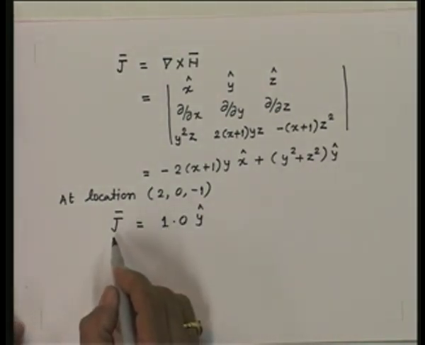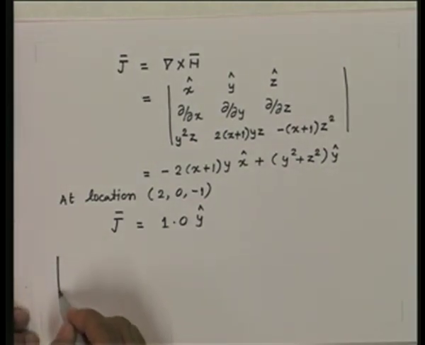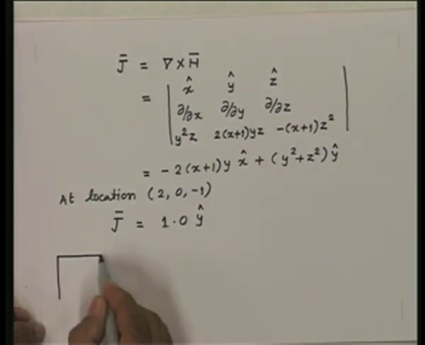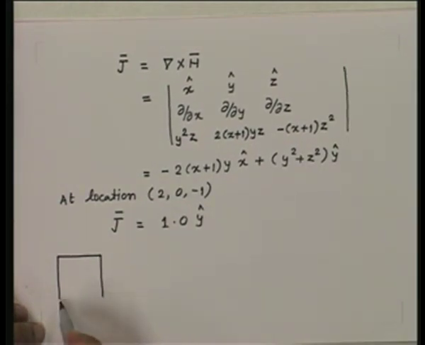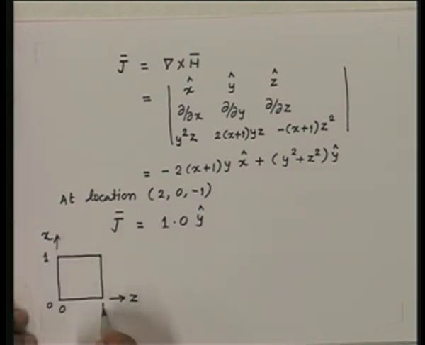Once I know the conduction current density, then I can go and find out what is the total current enclosed by the loop which is defined by y equal to 1, x going from 0 to 1 and z going from 0 to 1. If I look at this in the xz plane, z is going like that, x is going like that.